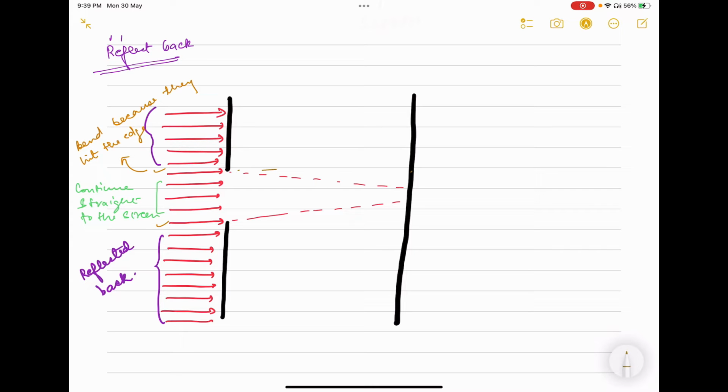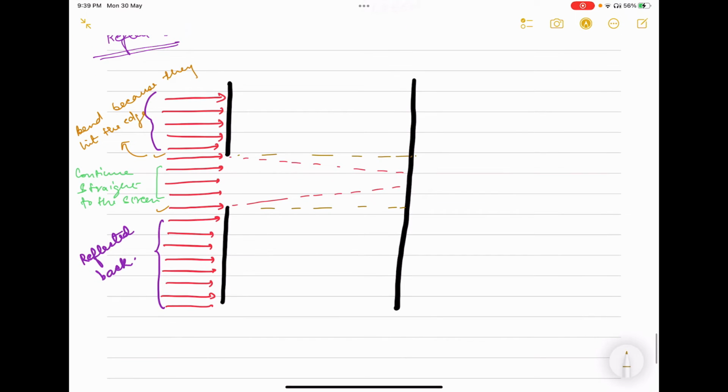Sorry, so here we have 0 because no wave is coming through. Now we start to get intensity 1. Because here we have extra waves, so it amplifies and it goes like this. This is the highest and then it drops.